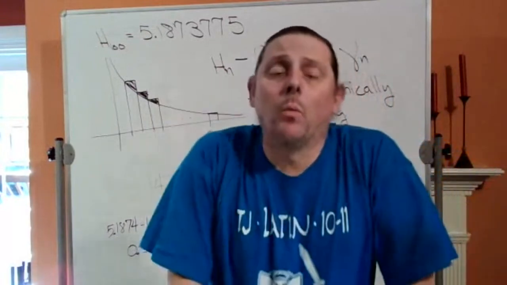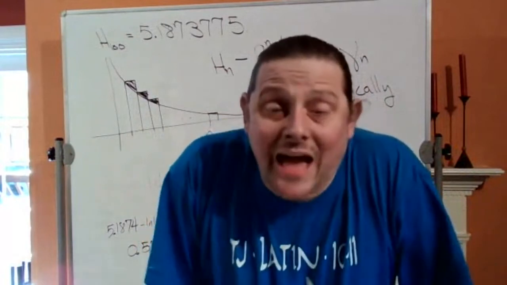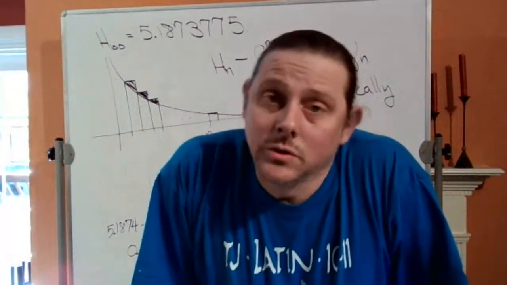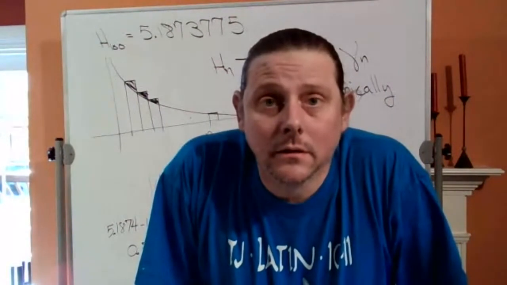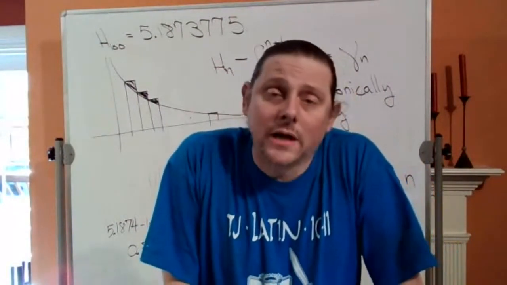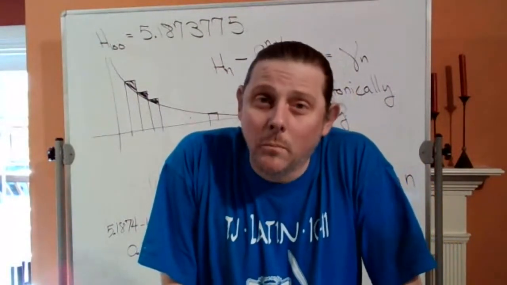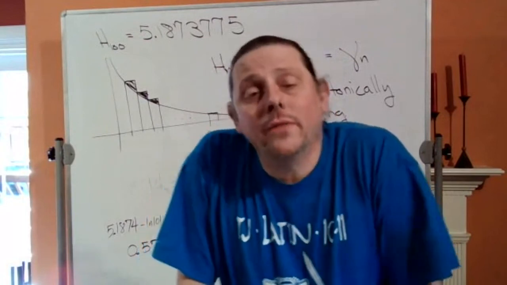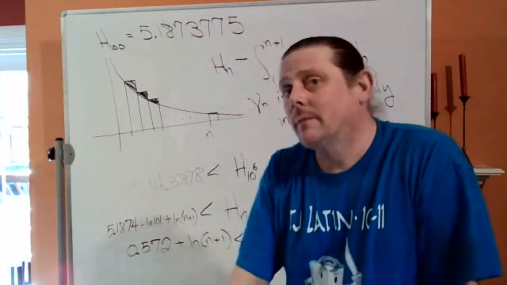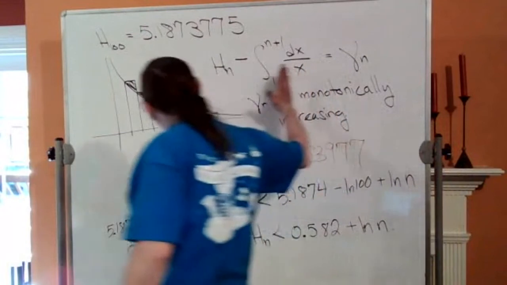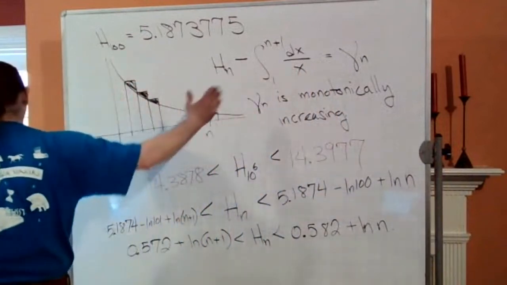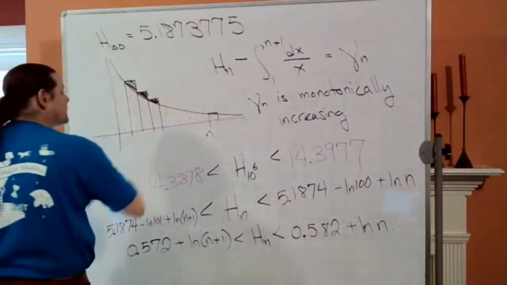If I increase n by 1, it's going to add more area. So it's monotonic increasing. Interestingly, it's also bounded. The way that we can establish that is by sliding each of these pieces to the left.